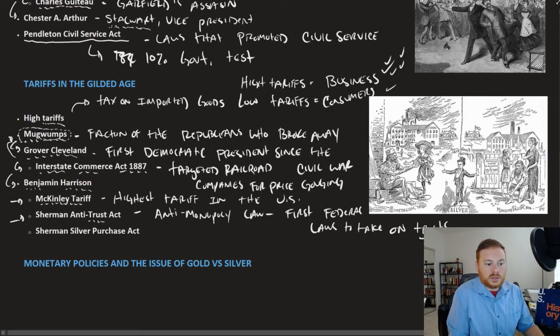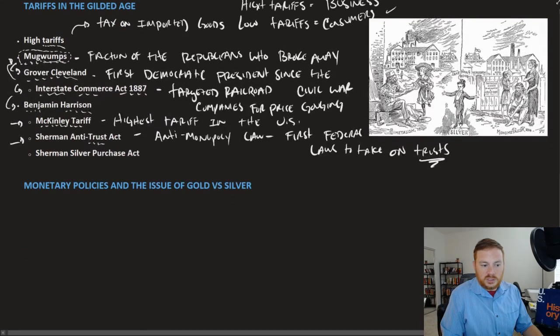Trusts were legal entities in which multiple owners of different companies held enormous market power. And one of the problems during the Gilded Age was that you had these huge centers of economic power, and they could abuse their powers. This law, the Sherman Anti-Trust Act, was largely not effective. It's usually said that it didn't really have any teeth.